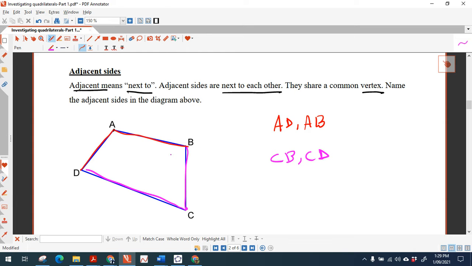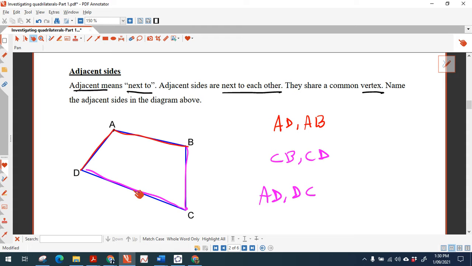Two sides which are next to each other are called adjacent sides. We could also name another pair, for example, AD and DC. AD and DC are also adjacent. They're joined by the corner of D, aren't they? So that's why they're adjacent.